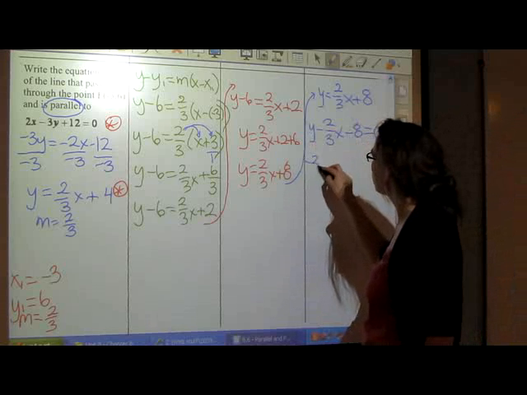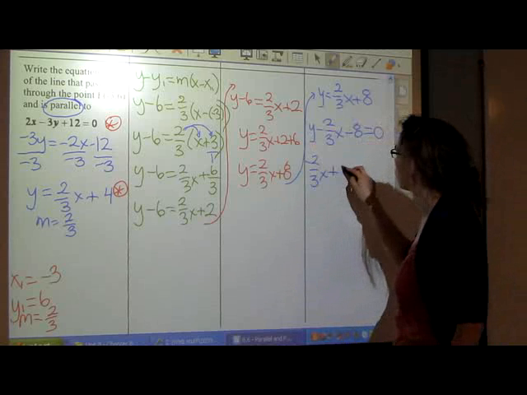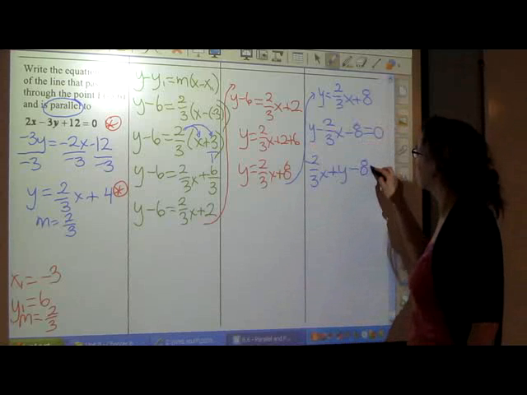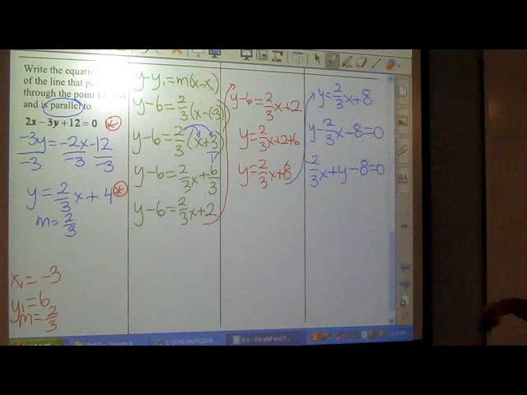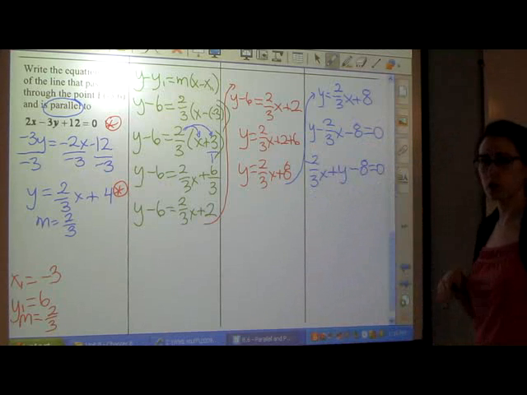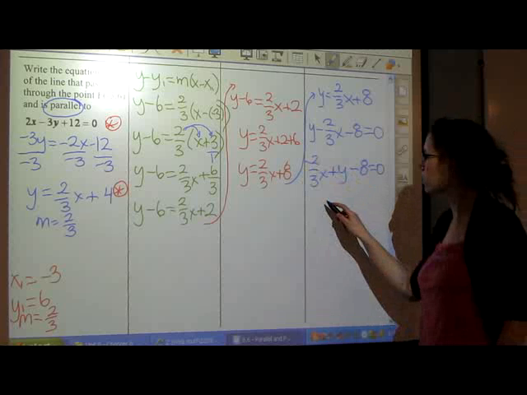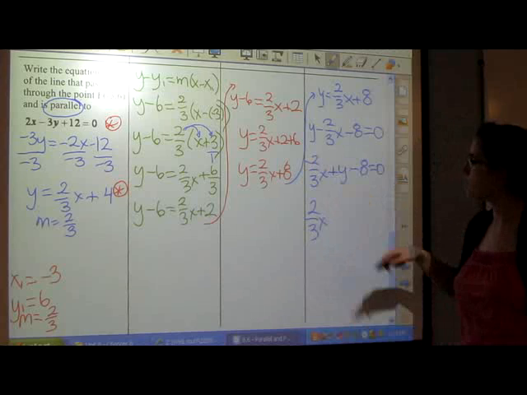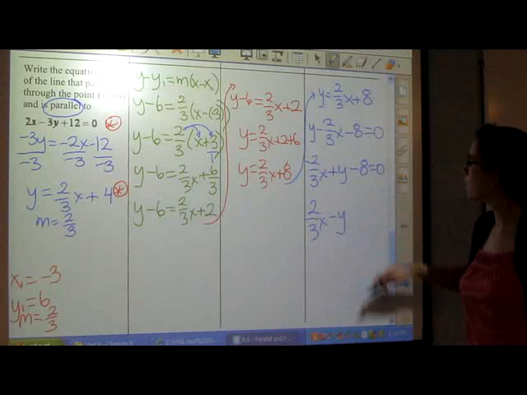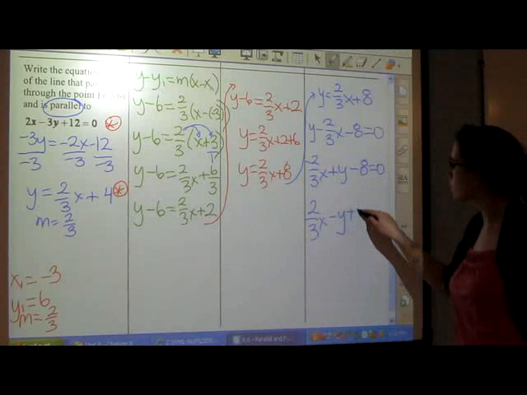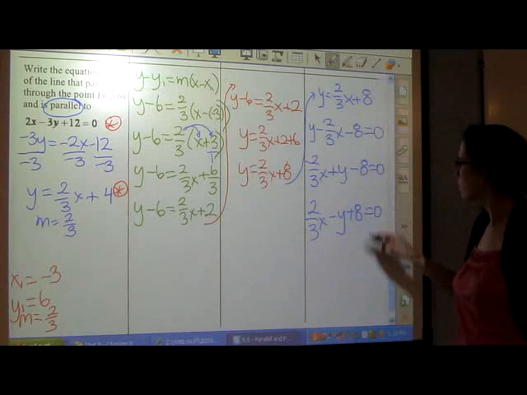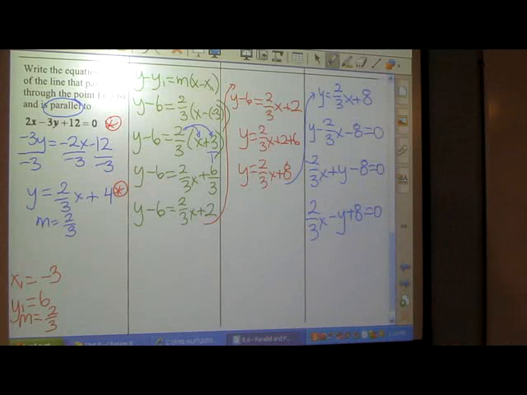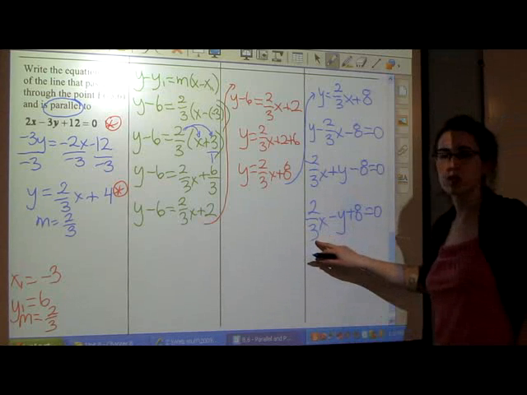So we get negative 2/3 x plus y minus 8 equals 0. From here, I want to multiply every single term by negative 1. So negative 2/3 x becomes positive 2/3 x, plus y becomes minus y, minus 8 becomes plus 8, and that still equals 0. And we have a fraction down here.